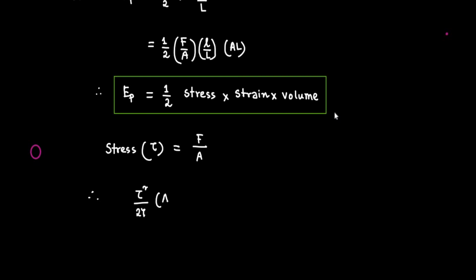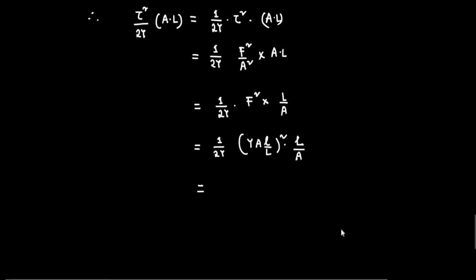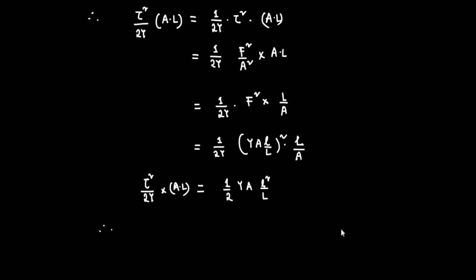Now stress is denoted by tau, which is equal to F by A. So we can find the expression tau square by 2Y into A dot L. 1 by 2Y tau square A dot L. In place of tau we can put F by A, that is F square by A square, A dot L. 1 by 2Y F square dot L by A. Putting the expression of F, Y A l by L, into L by A gives 1 by 2 Y A l square by L. That is tau square by 2Y dot A dot L. Therefore, EP equals 1 by 2 Y A l square by L, that was the main expression.